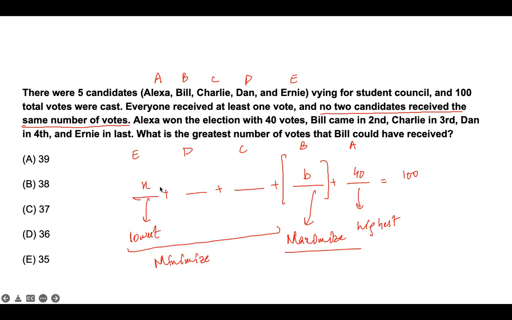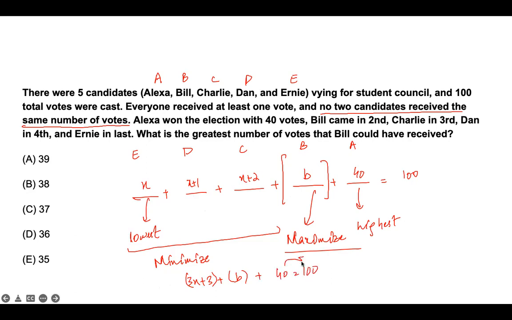If this is X, and remember, votes are integers, this can't be a fraction, so the next possible vote for Dan will be 1 greater, which is X plus 1. And the next possible for Charlie will be 1 greater, that is X plus 2. So I can write this whole equation as 3X plus 3, this is for the first 3, plus B plus 40 is equal to 100.